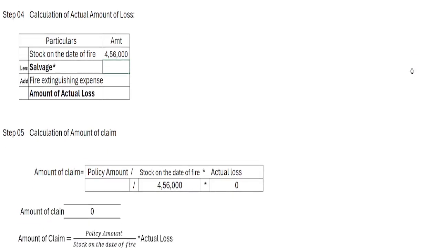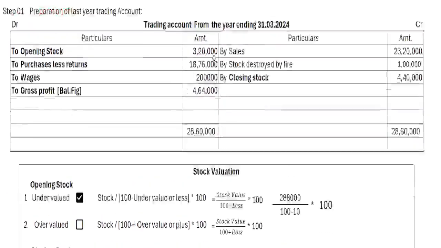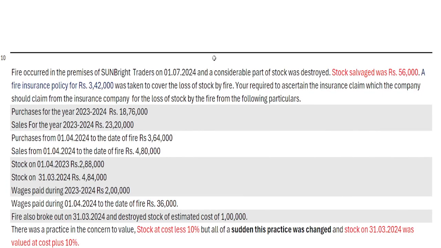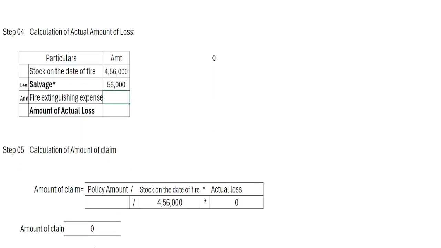Are there any fire extinguishing expenses? No, the information is not given, so it is 0. Actual loss is stock on the date of fire minus salvage plus fire extinguishing expenses.